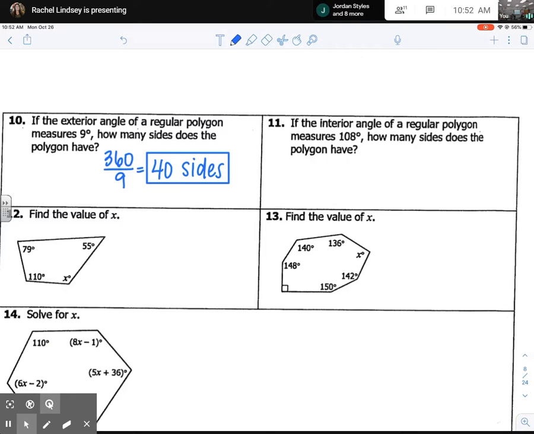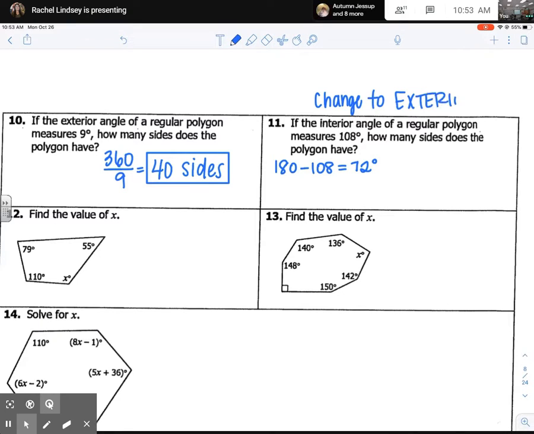What am I gonna do with that 108? I'm gonna subtract it from 180. So 180 minus 108 is 72 degrees. So we want to change to exterior angles. That's what we're doing here.